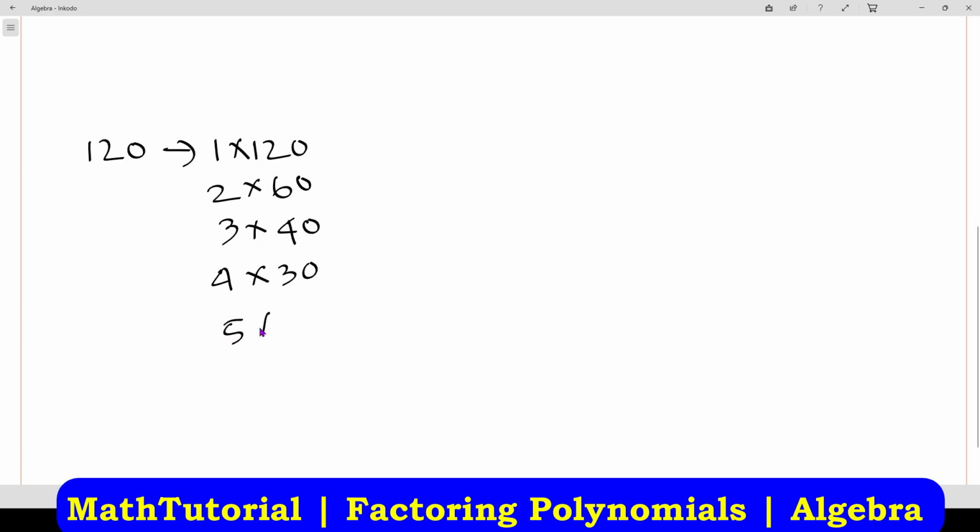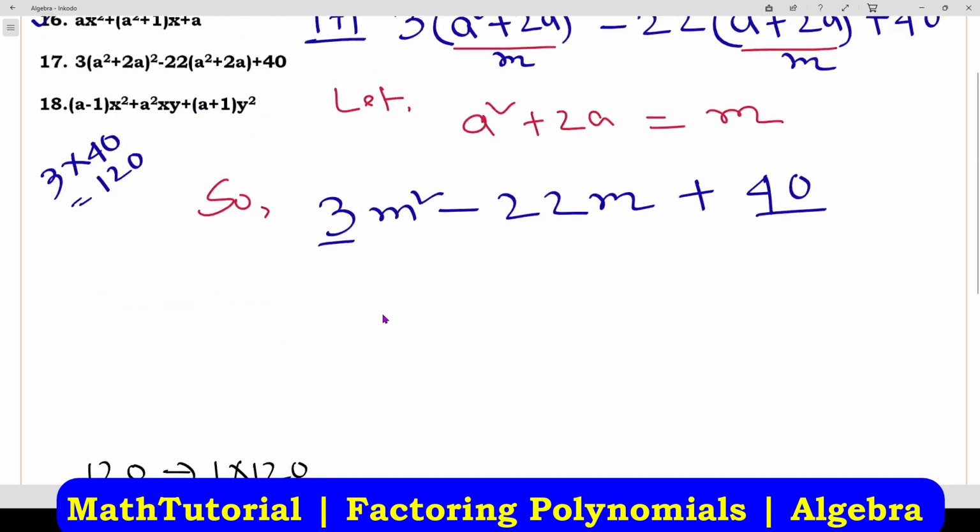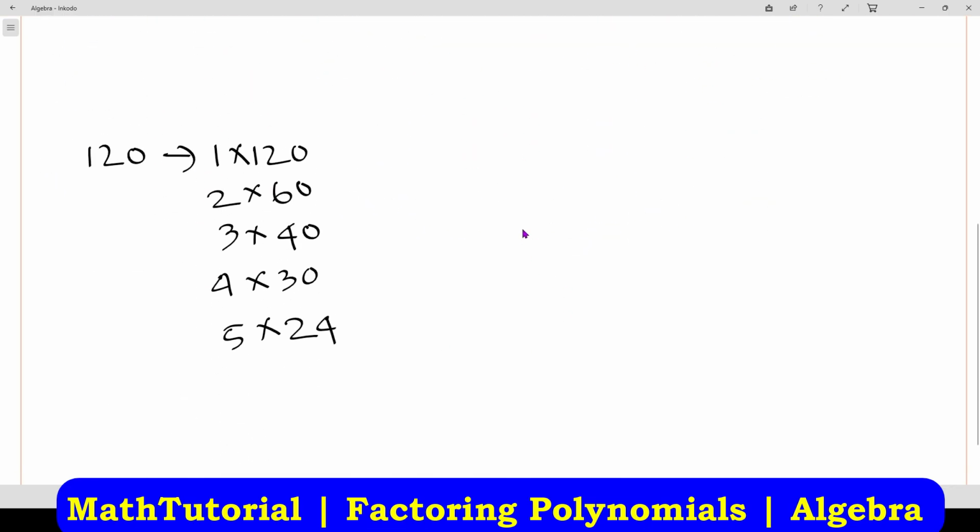Then 5 times what? 120 divided by 5 is 24, and 24 and 5 are not 22. 6 plus 20, it's not possible. And how about 8? 120 divided by 8 becomes 15. 8 times 15, so 8 plus 15 is 23. Our target is 22.